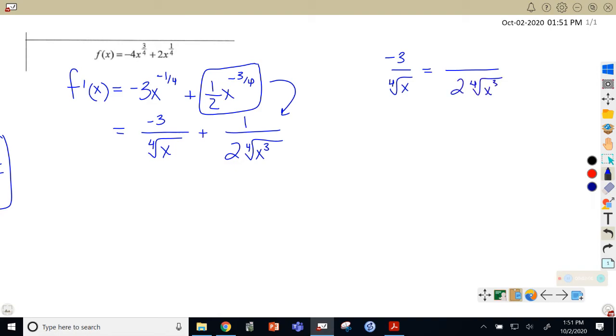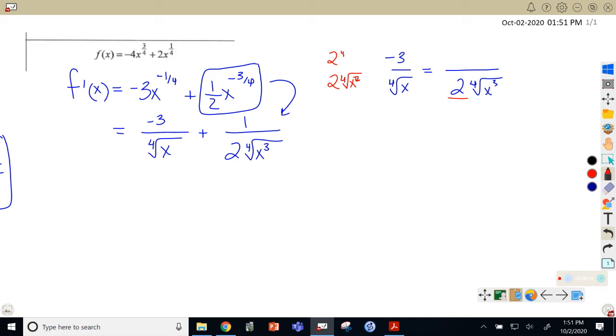So what's missing here? From this first term, we're missing a factor of 2 in the front, so we're going to need to multiply by 2, for sure. And then how are we going to get it to be the 4th root of x cubed? Well, we're going to have to multiply by the 4th root of x squared, on top and bottom.